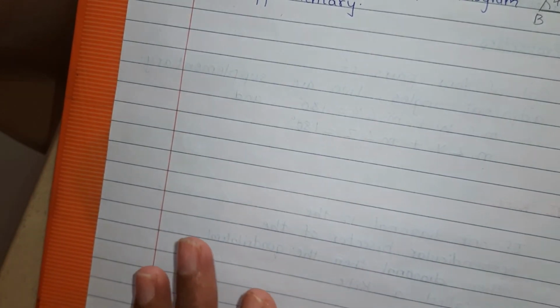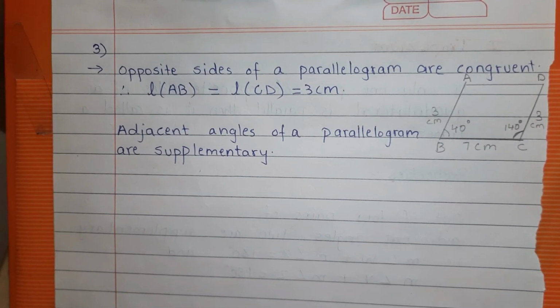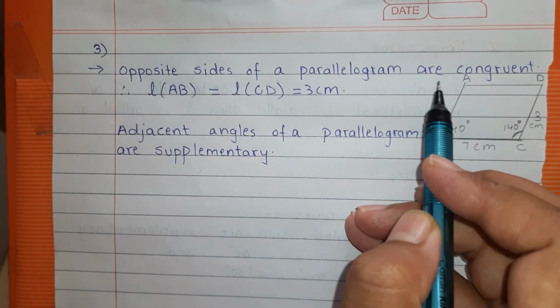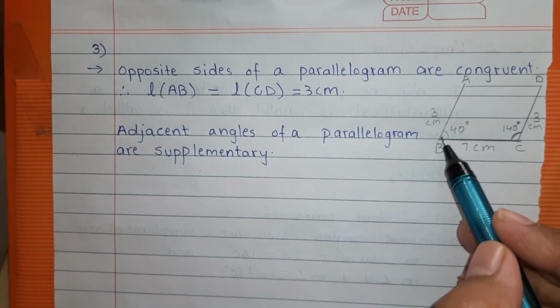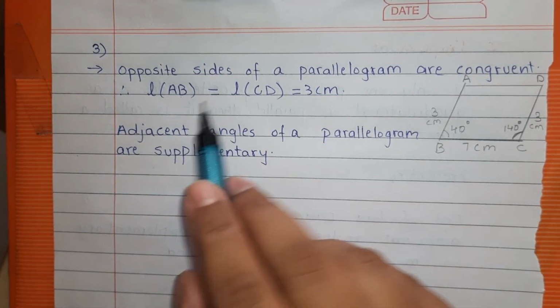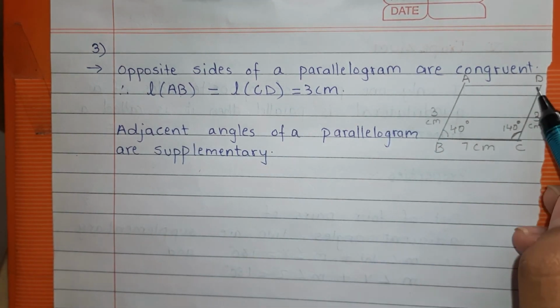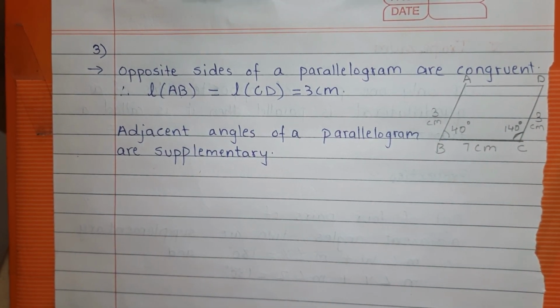For construction we need at least 5 things. That's why we will use the properties of a parallelogram. First property is opposite sides are congruent. That's why AB and CD will be congruent. AB is given 3, that's why CD will also be 3.